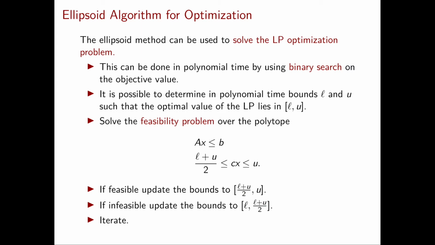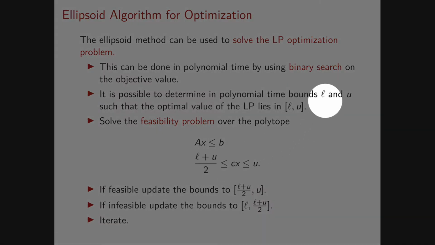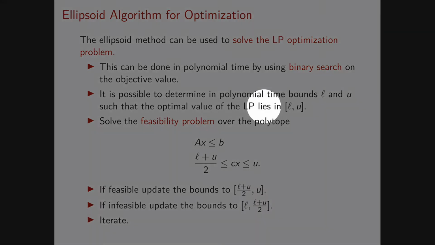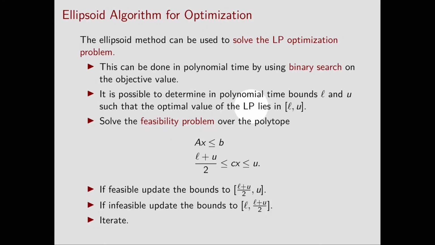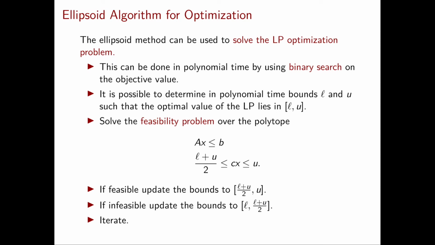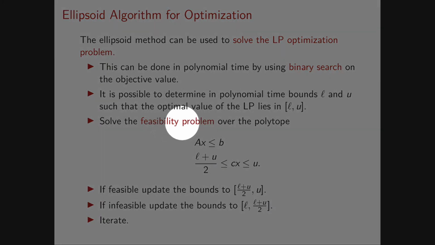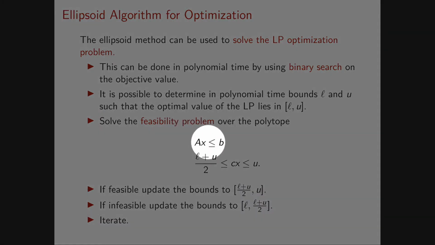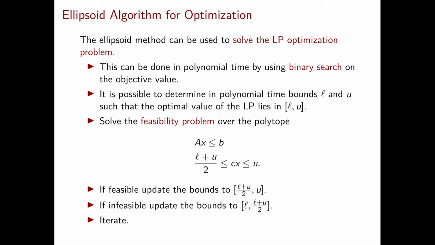Namely, we can obtain in polynomial time lower and upper bounds L and U on the optimal value of the linear programming problem. And at this point, we solve a feasibility problem over the better half of the objective function. Namely, we take our polyhedron P and require the objective function to be between U and the midpoint between L and U, which is (L+U)/2.